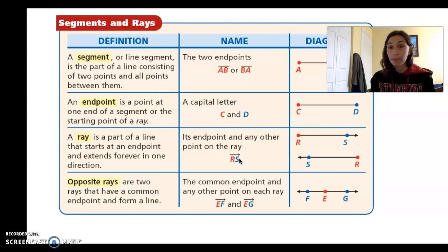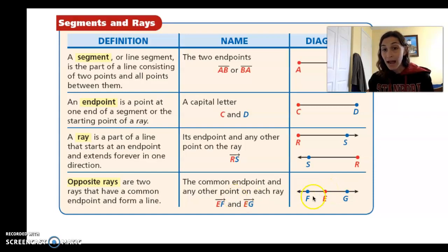Okay? Now, opposite rays. Those are two rays that have a common endpoint and form a line. So, if I look at this, I can see that I have a ray starting at E and going to my left to F. I can see I have another ray starting at E and moving to the right towards G. These are two different rays, but they have the same endpoint E going in different directions.